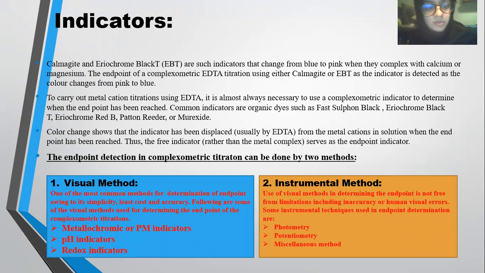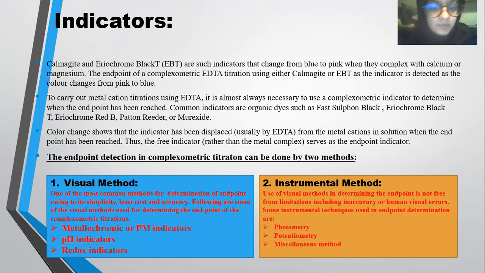So here are the indicators. Calmagite and Eriochrome Black T, EBT, are indicators that change from blue to pink when they complex with calcium or magnesium.